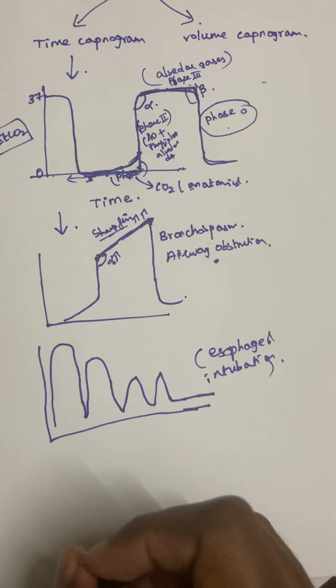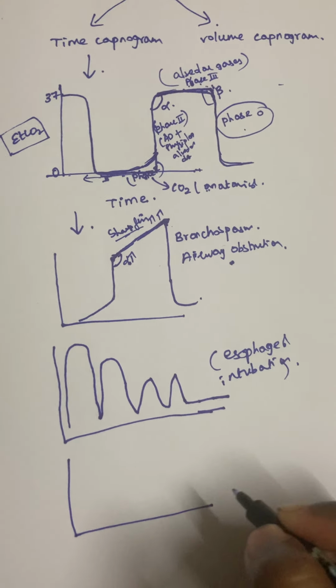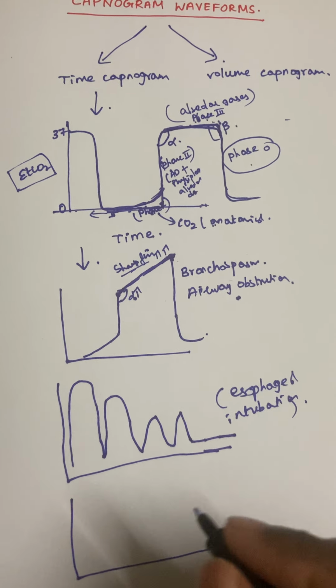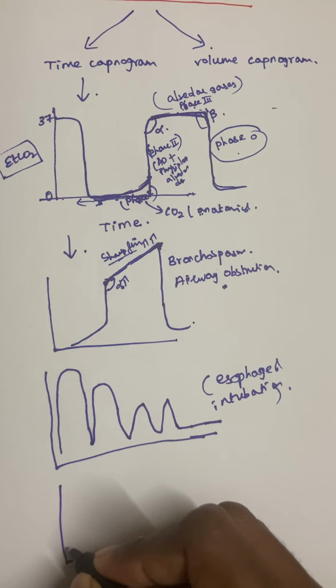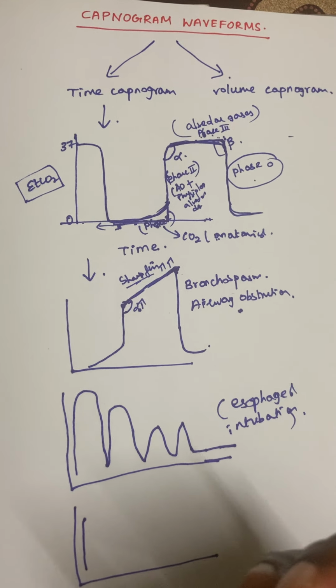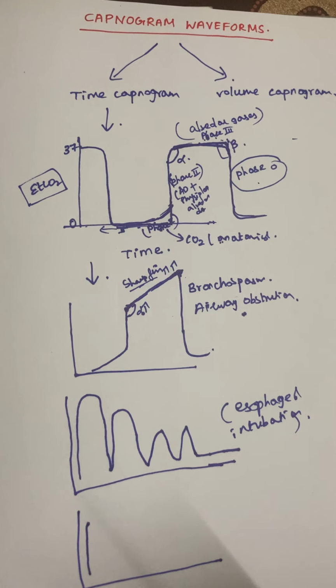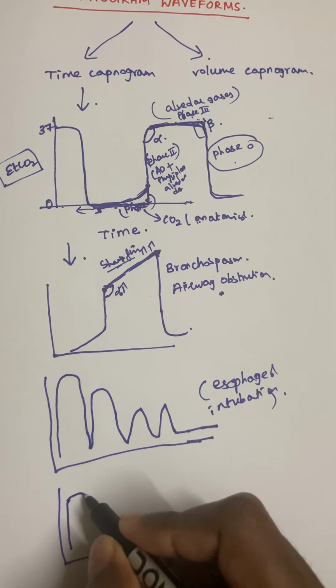Another most important thing: suppose the patient is anesthetized in a deeper plane, and the patient tries to come out of anesthesia. Due to dysynchronous contraction between the intercostal and diaphragm muscles, there will be a decline.